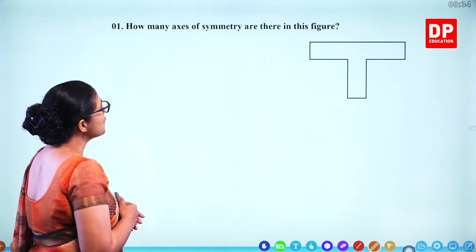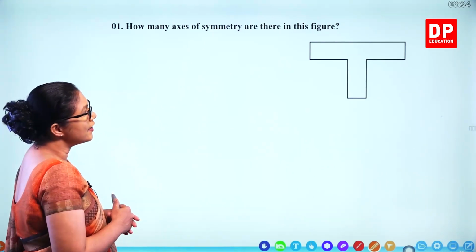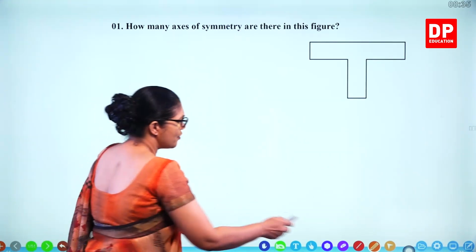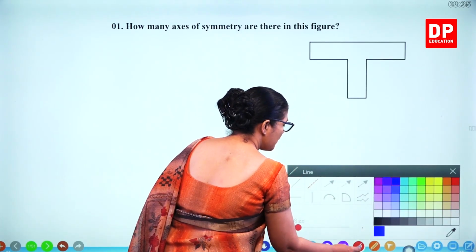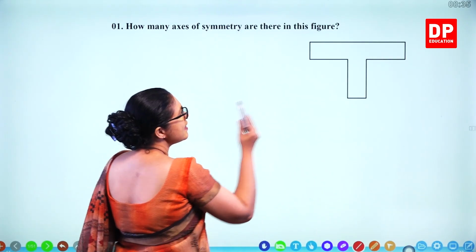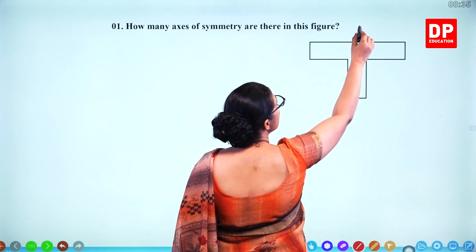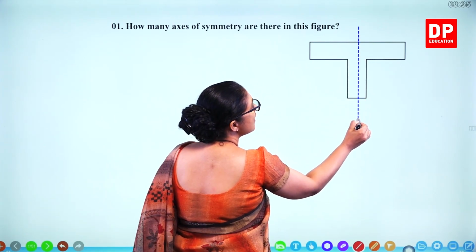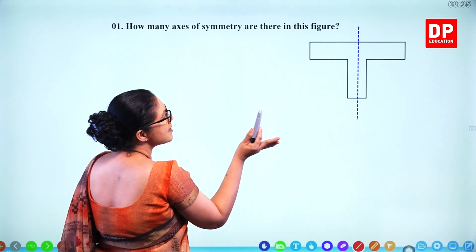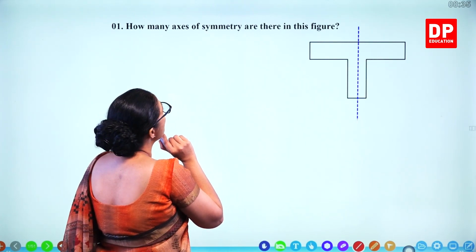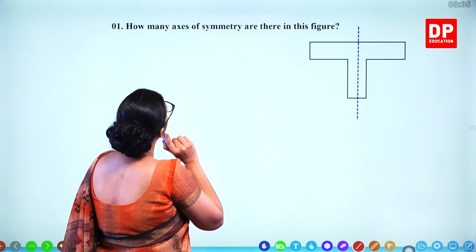How many axes of symmetry are there in this figure? So, try to draw. We'll take a broken line and see. We can divide the figure into 2 equal parts. So, that's the axis of symmetry.